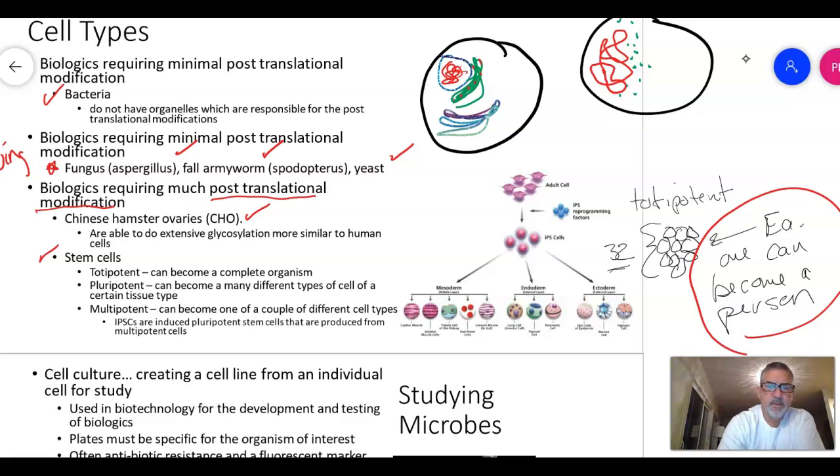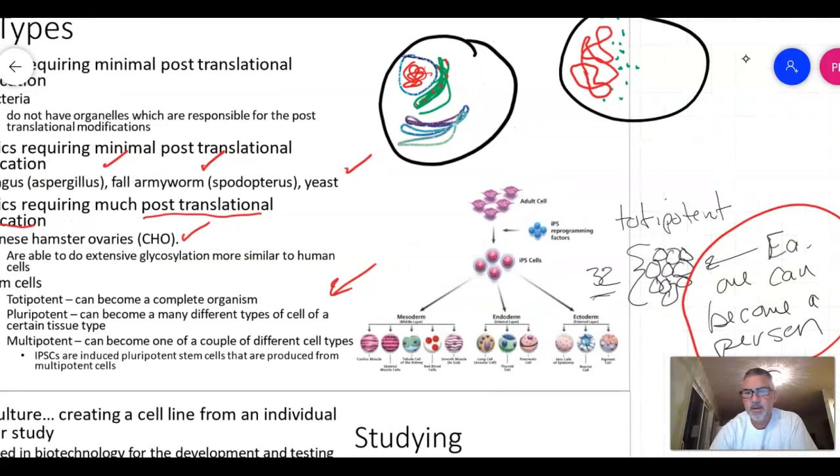Pluripotent cells can become any one of any cell in a certain tissue type. So if we have connective tissue, a pluripotent cell or an IPS can become any one of a whole bunch of different cells. So it can become a liver cell, a skin cell, a heart cell.